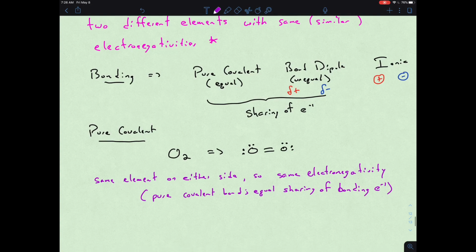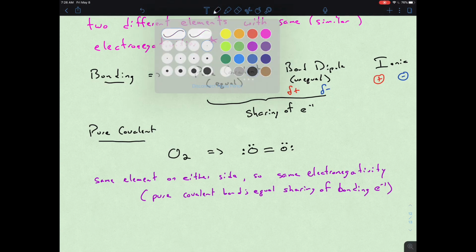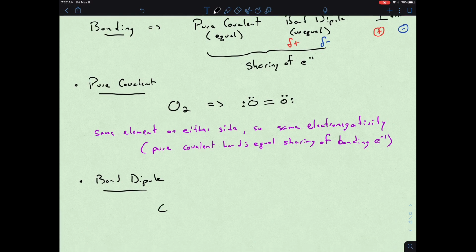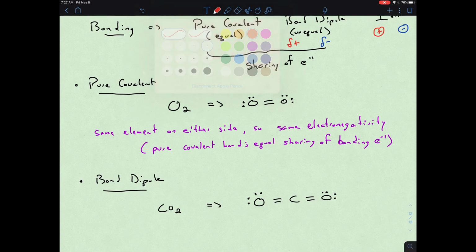We go to a bond dipole, and that was one that we were just talking about, but let's do a different example of that. We could look at CO2, where we have our oxygens on either side of the carbon. But here we have a dipole, right?